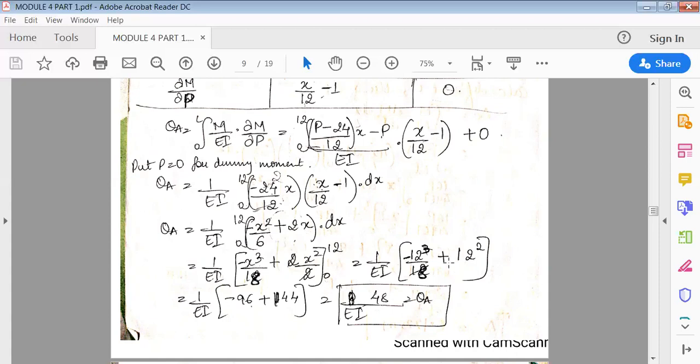So 1 over EI, 12 cube over 18 plus 12 square. So when you solve this, you'll get theta is 48 over EI.